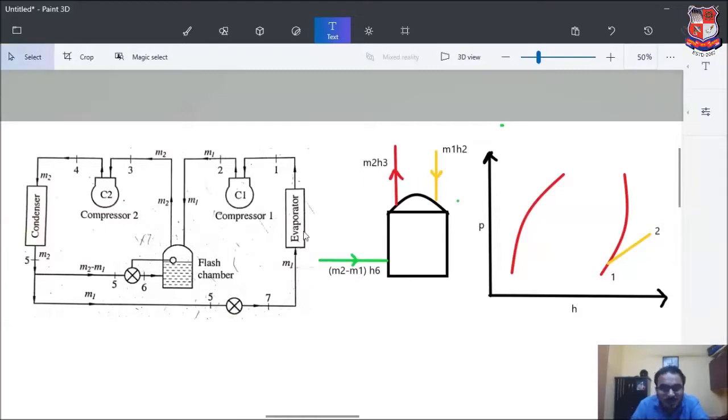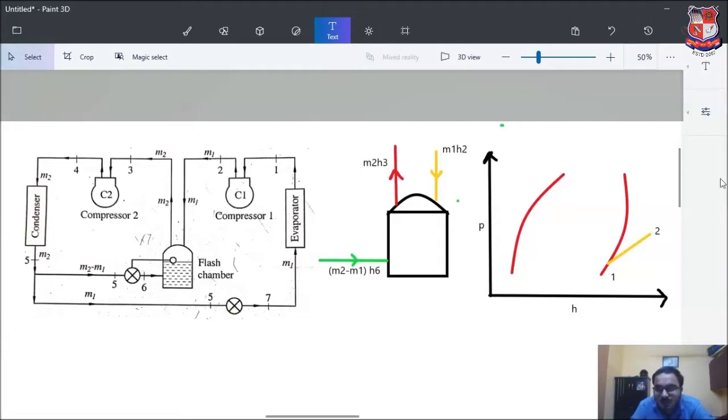Now what is happening at point number 2 is that it is returning into the flash chamber. So M1 mass is meeting with M2 minus M1, so ultimately it is becoming M2. And here we will observe the cooling which is happening between these two compressors. So this is working as an intercooler.